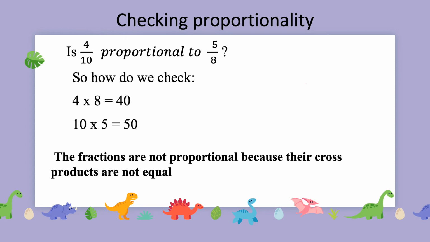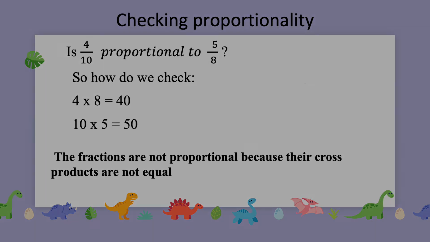We can check by cross-multiplying and comparing their cross products. 4 times 8 equals 40, 10 times 5 equals 50. While these values are close, they are not equal, so I know the original fractions cannot be proportional to each other. So we can say that the fractions are not proportional because their cross products are not equal.